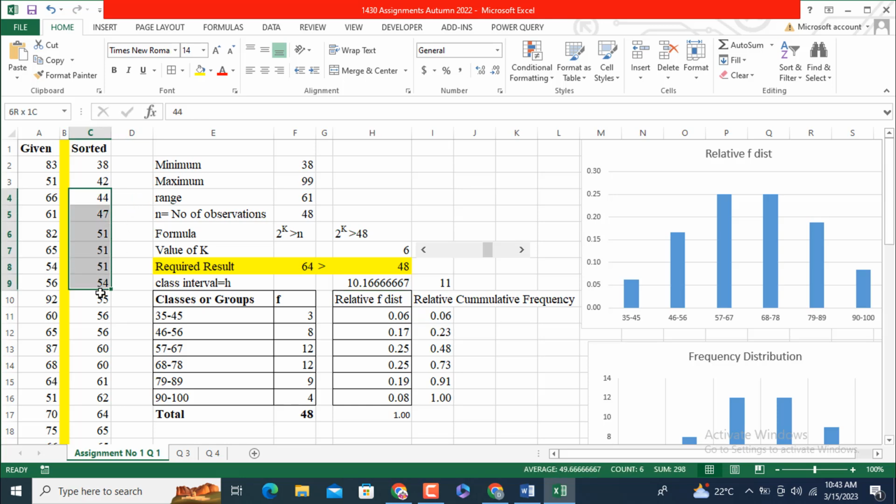So let's start from here to 56. Look at this, it is 8.